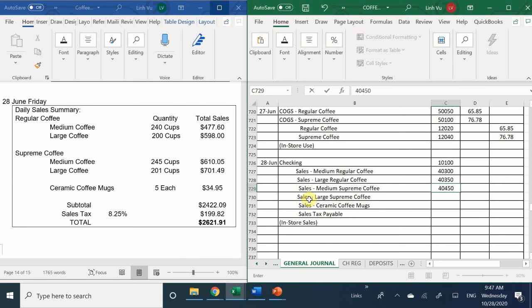Okay, we have medium, regular, supreme. Large supreme is 40,500. Good. And then the ceramic mugs, 40,150. Good. And sales tax payable? 27,000.